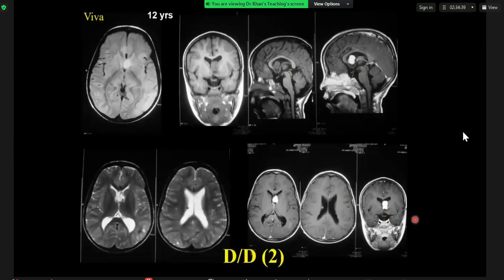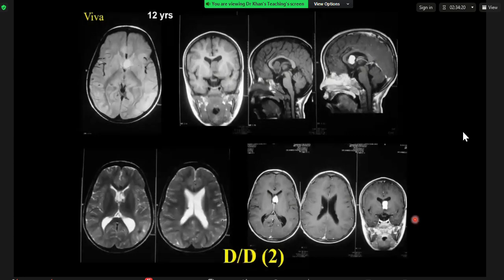So there's a high FLAIR signal intensity located at the kind of foramen of Monro, which on coronal T1 is T1 isointense.